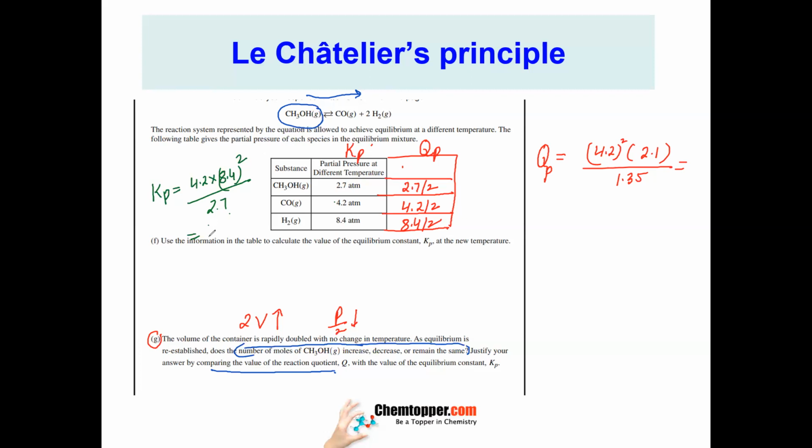I'm getting this value, 109.76. Which one you calculated, Azuni? This one? You calculated Q, Azuni? Isn't it K this, Azuni? Just check your calculation again.